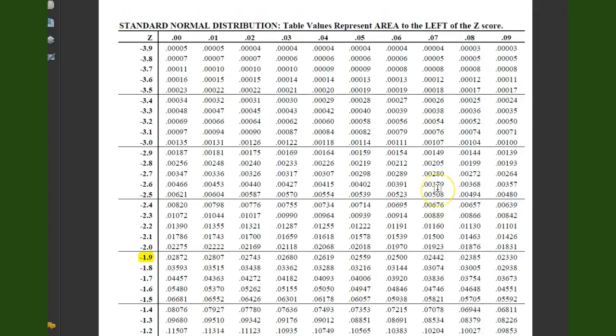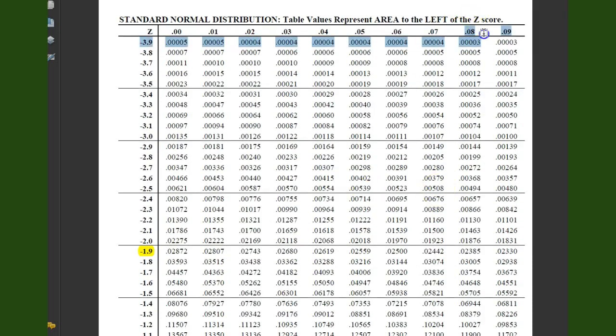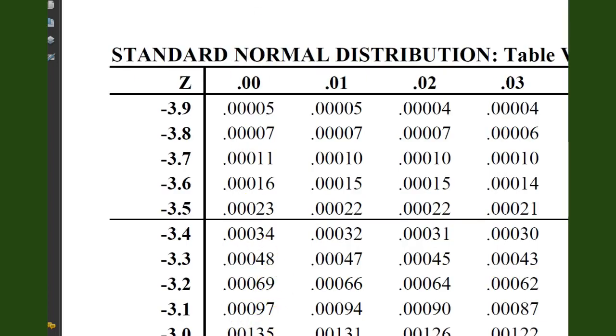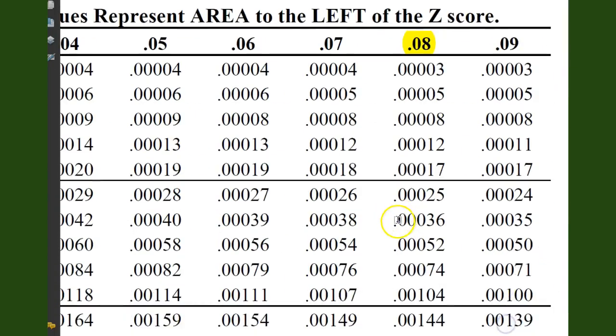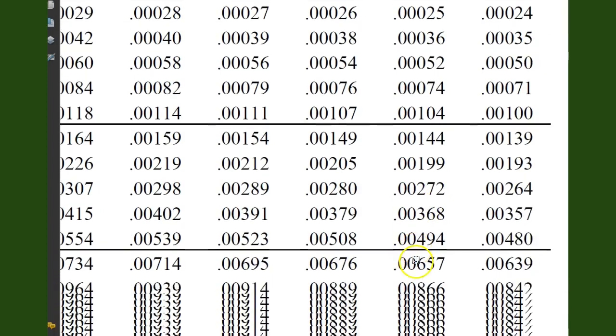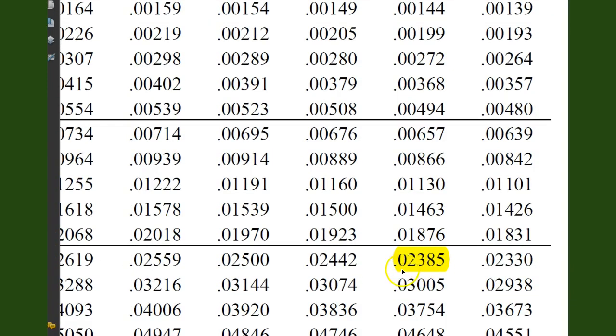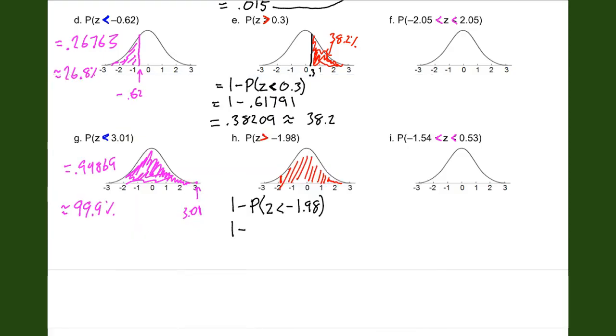And then the 0.8 will be, again, there, right where they meet. So we have 0.02385.